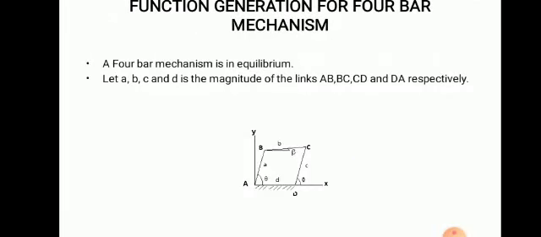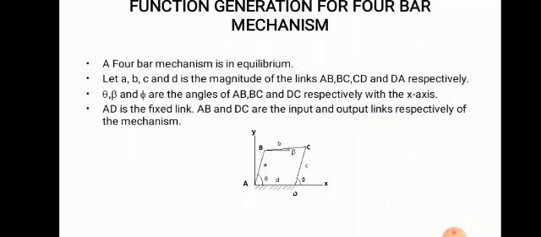Let A, B, C and D be the magnitudes of the links AB, BC, CD and DA respectively. Theta, beta and phi are the angles of AB, BC and DC respectively with the x-axis.